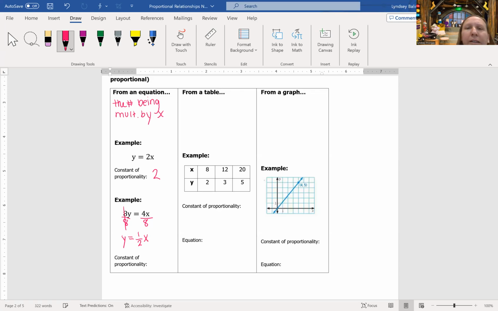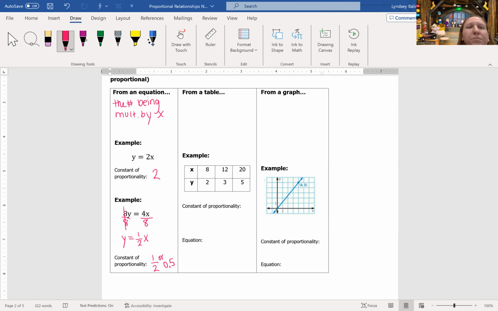So this would be y equals 1/2 x. And now I can see x is being multiplied by 1/2. So our constant of proportionality is 1/2, or 0.5 is fine as well. So if your y is not alone, you need to do a little bit of work to get that y by itself before you decide what that constant of proportionality is.